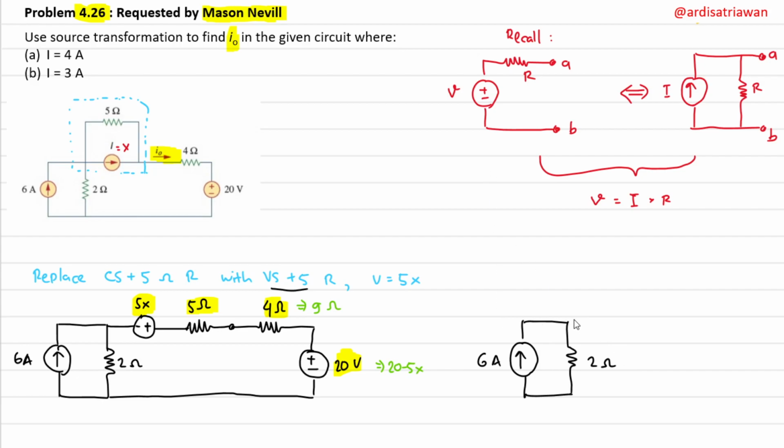And then I will have 9 ohm resistance, right? And then this voltage source will be 20 minus 5x.